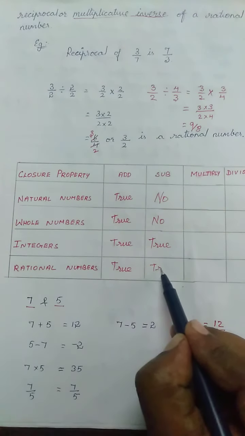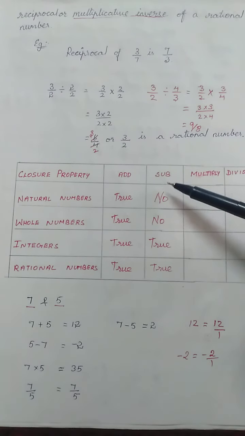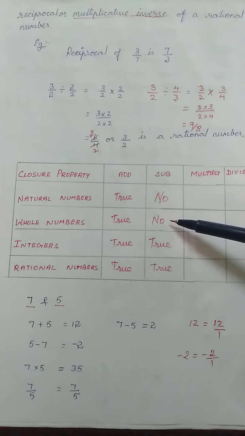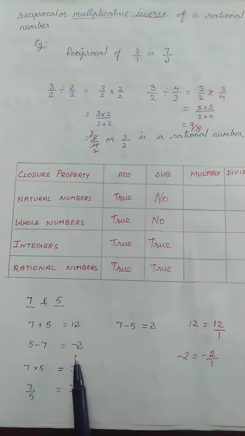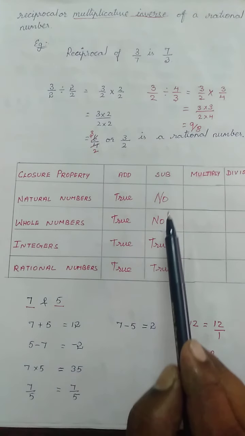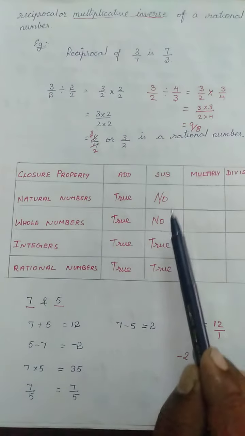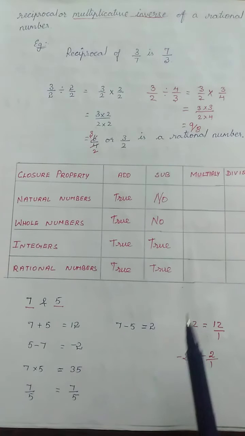So closure property under subtraction is not true for natural numbers and whole numbers, because whenever a bigger number is subtracted from a smaller number, you will get a negative number as your answer. So this will not work in natural numbers and whole numbers, since both have only positive numbers, not negative numbers.